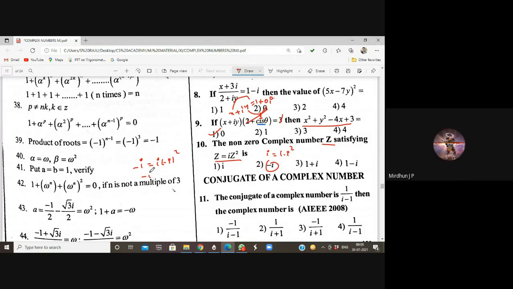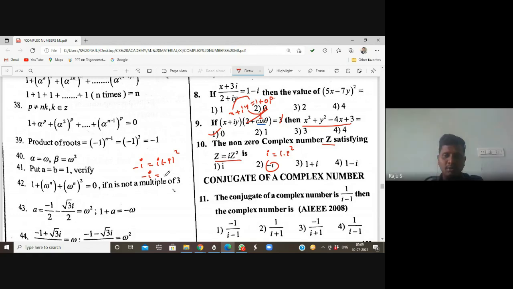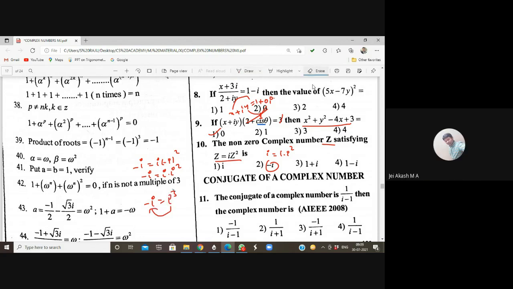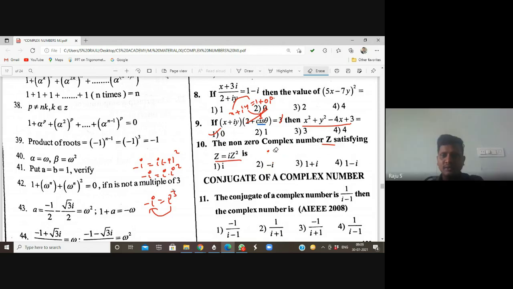Sir, can you show the ninth question, sir? I'll show you. Right. So here it is iota into iota square. So minus iota is equal to the RHS, which is iota cube. What is iota cube? Is iota cube equal to minus iota or not? Students, clear?